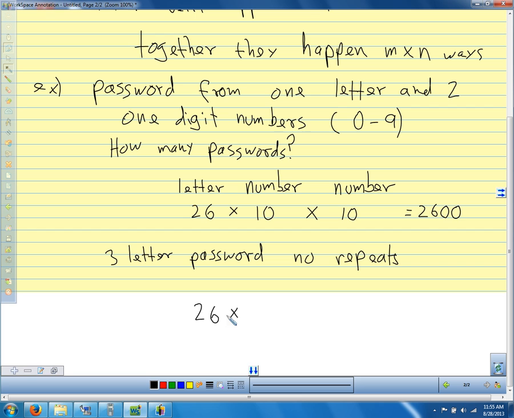How many choices for the second letter? 25, because I can't repeat. And how many does that leave for my third letter? 24. I multiply that out, 26 times 25 times 24, and I get 15,600 three-letter passwords if I can't repeat letters. That's a lot of three-letter passwords.